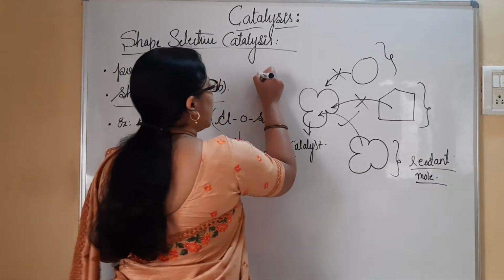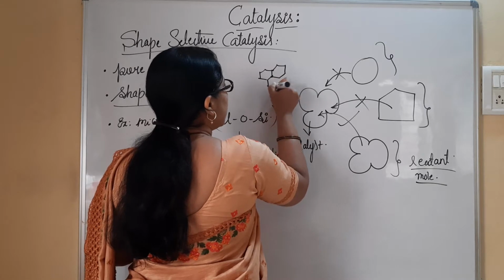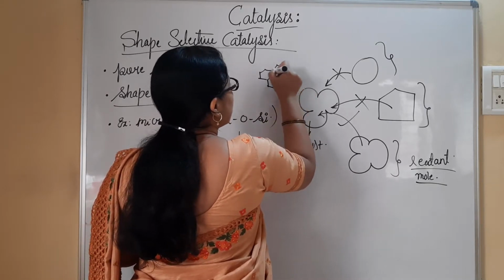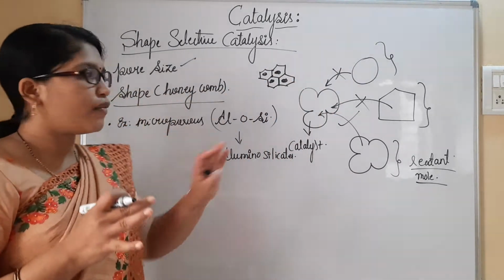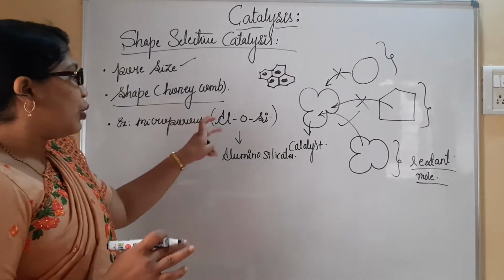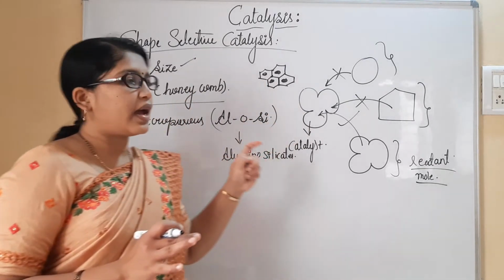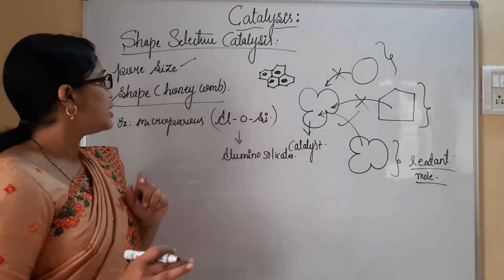It is small and pentagon-like, existing in this fashion, a network of such a structure. So aluminosilicates generally exist in a honeycomb structure, and shape selective reactions can be carried out with aluminosilicates.